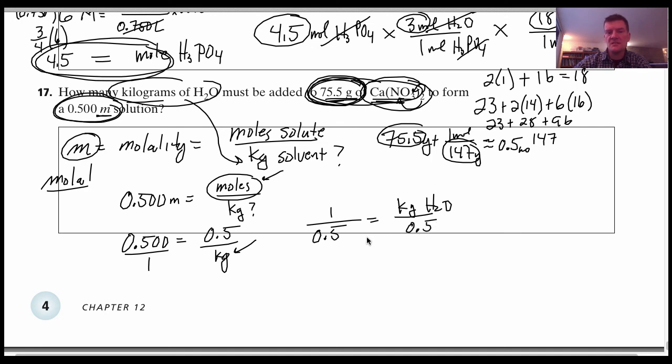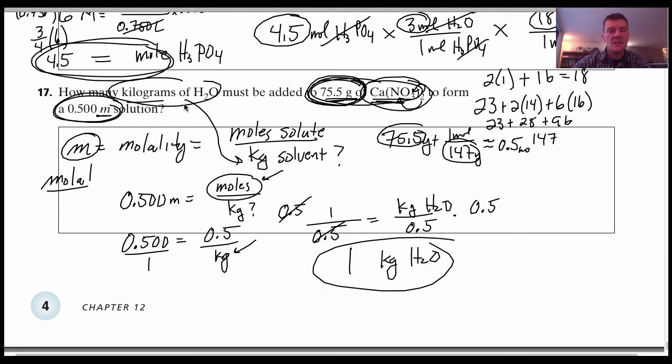Now look how easy this is. See this? This has to be 1. Has to be 1 kilogram. Or you can multiply both sides by 0.5 if you want to. 0.5 divided by 1 over 0.5 is going to be 1. So 1 kilogram of water. That's what you need in order to make a half molal concentration using that mass of calcium nitrate.